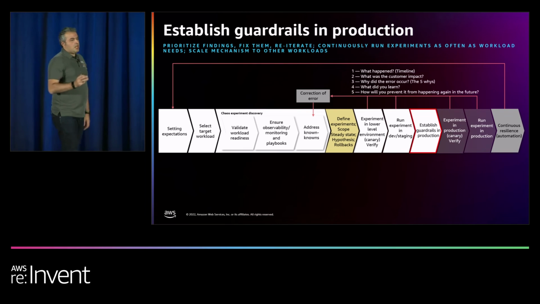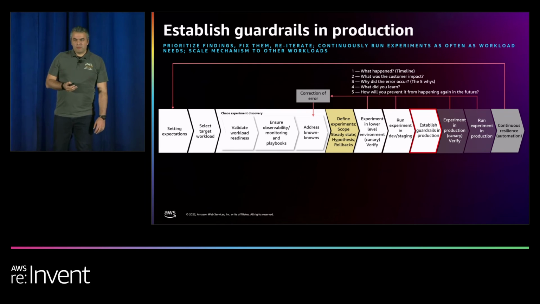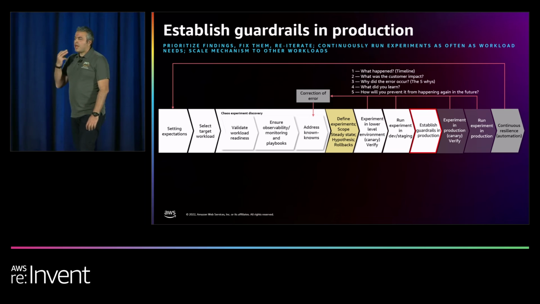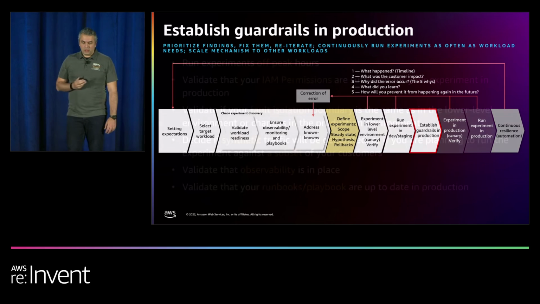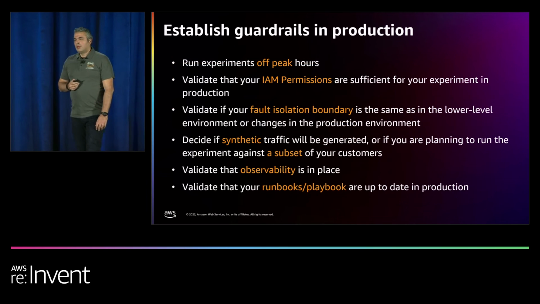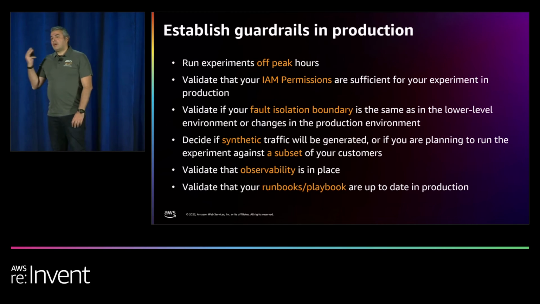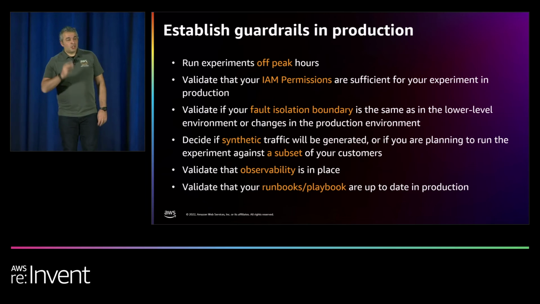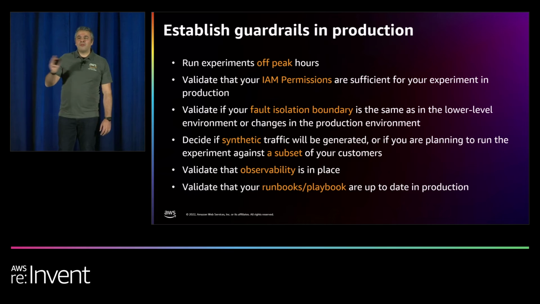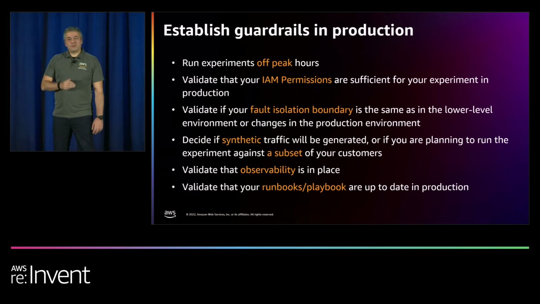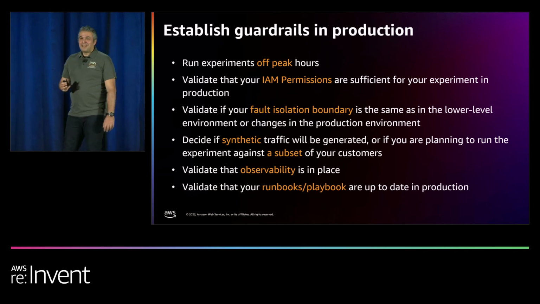Now, here it's key. As soon as you get into production, you have to think about the guardrails that are important in your production environment. When we're running chaos engineering experiments in production, especially when you're thinking about running them for the first time, please don't run them on peak hours. It's probably not the best idea.